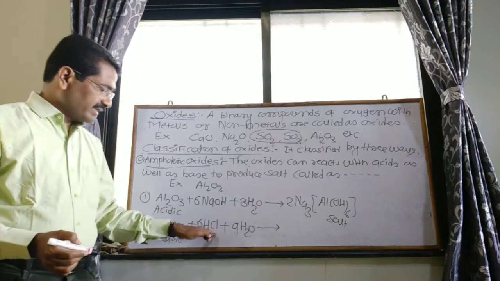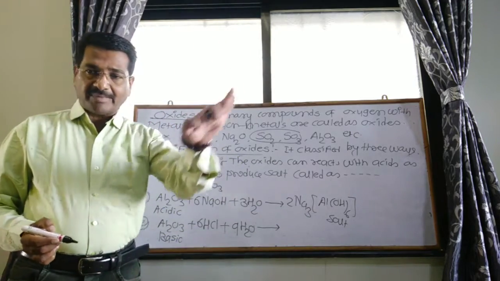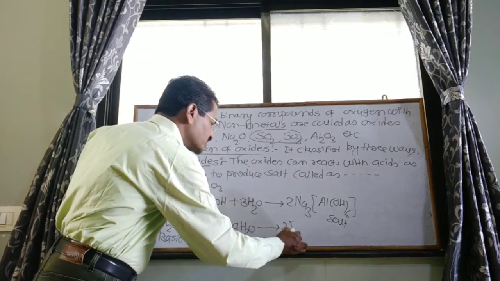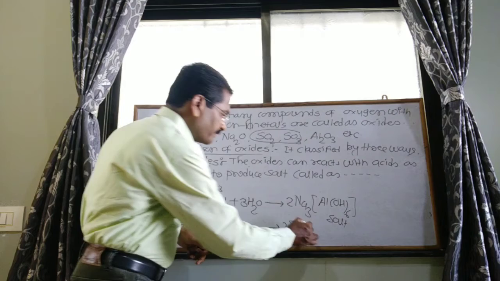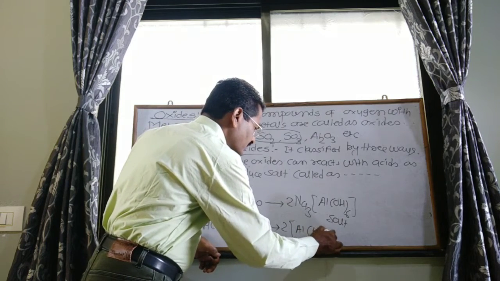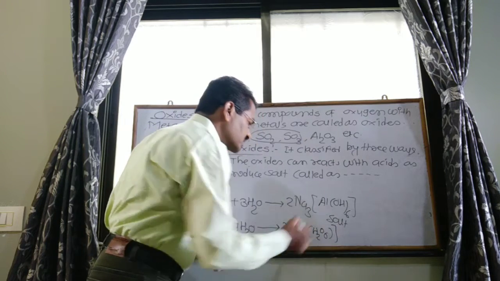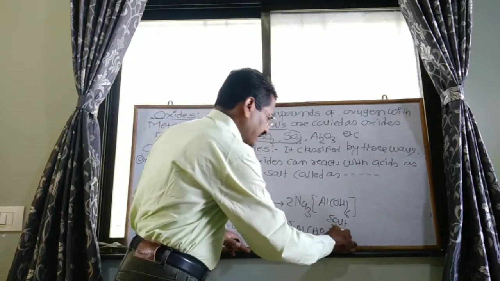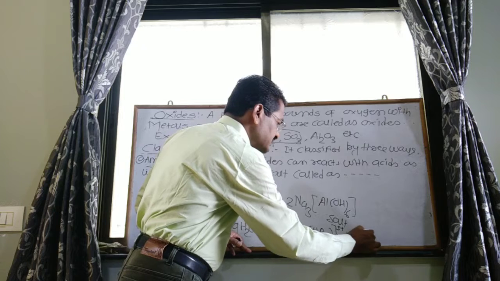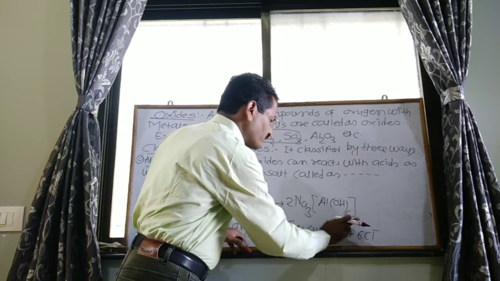Alumina reacts with acid in aqueous medium to give a salt, aluminum hydrate plus 6Cl minus.